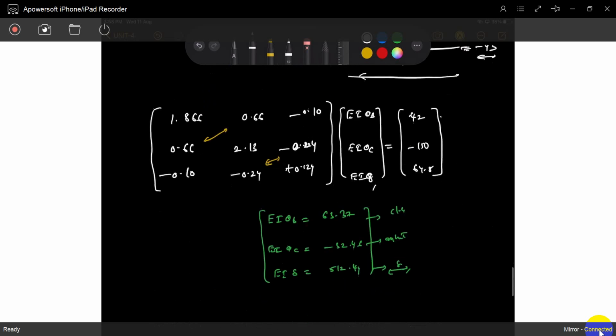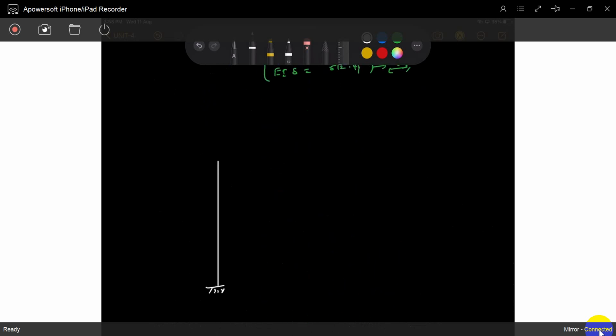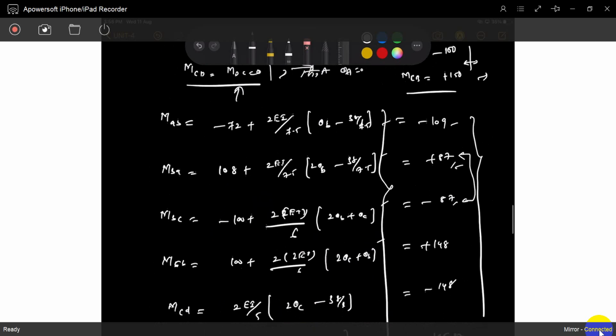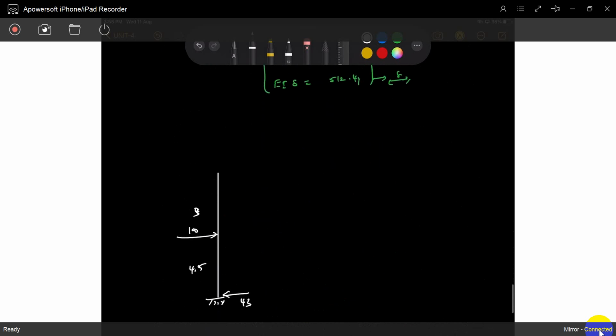Now I will draw the free body diagrams. HD is 43. It's 100, it's 3, it's 4.5. What is MAB? MAB is minus 109. Minus means anti-clockwise. Minus 109.